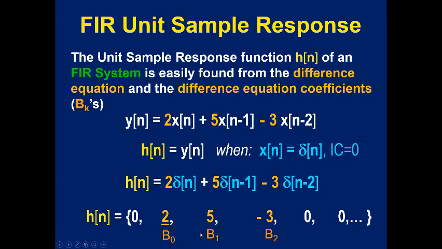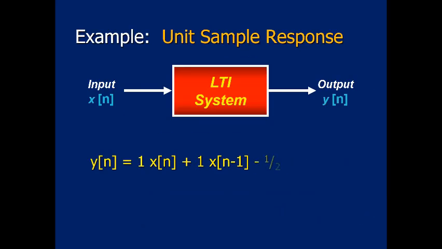And it will always be that way. So you give me a difference equation, I know immediately the sample values of the unit sample response. I can write them out in longhand form, or I can give them to you as samples. Very simple, very straightforward. Just a nice feature of non-recursive systems.